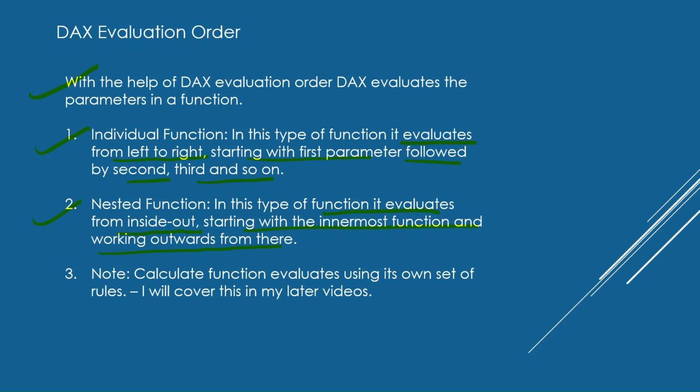From where will the DAX evaluation order execute? First it will execute the innermost. Suppose there are 3 levels: level 1, level 2, level 3. First it will execute level 1, then level 2, and then level 3. So it will execute the innermost first, and the outermost last.